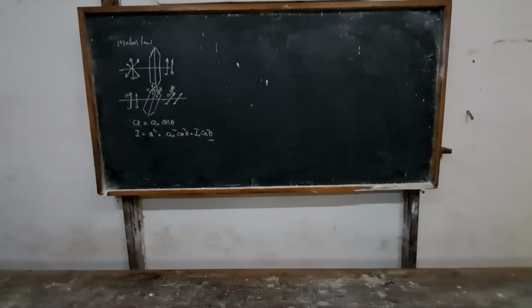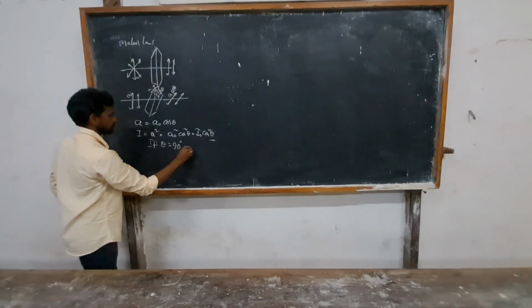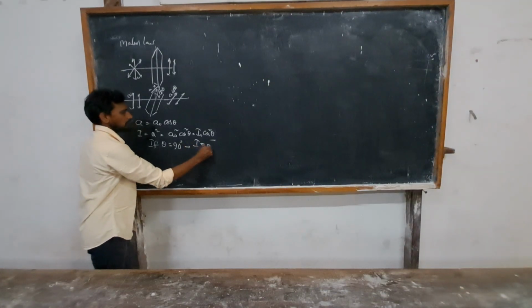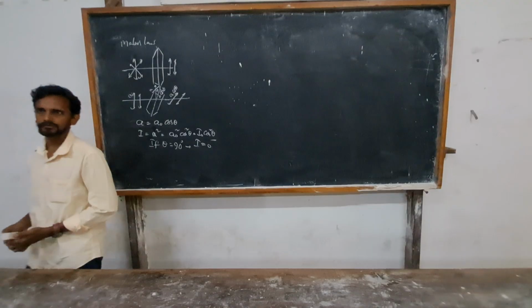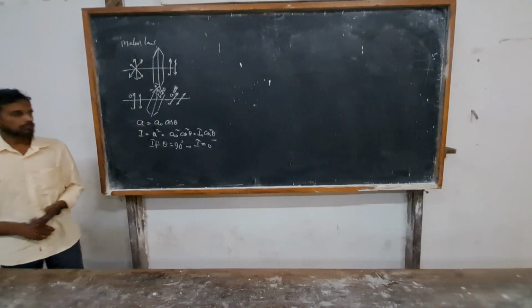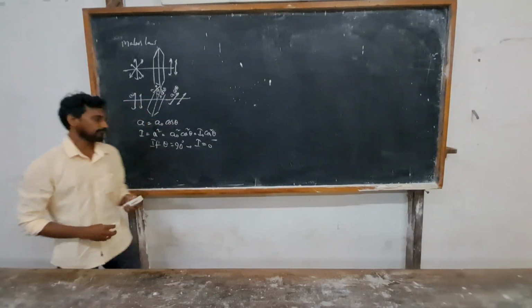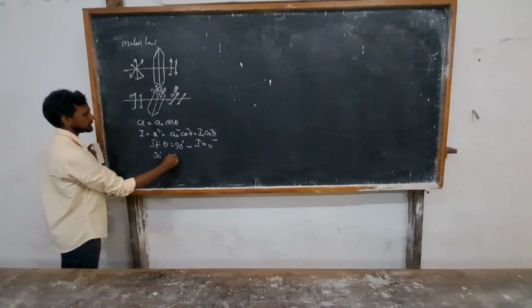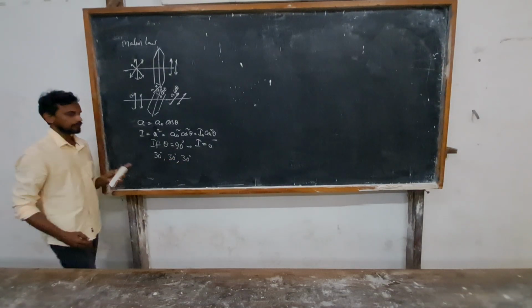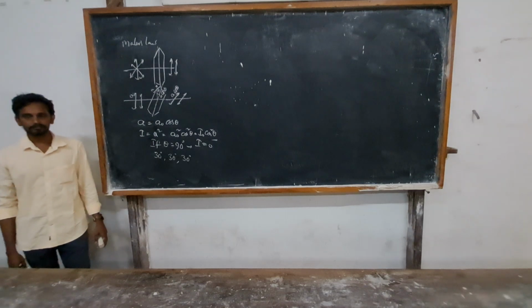So what happens if theta is 90 degrees? Output intensity is 0. No light will pass through it, right? But if we divide this into several parts, let's say into 3 equal parts, like 30 degrees, 30 degrees, 30 degrees, if I divide that 90 degrees angle into 3 equal parts, then what happens?